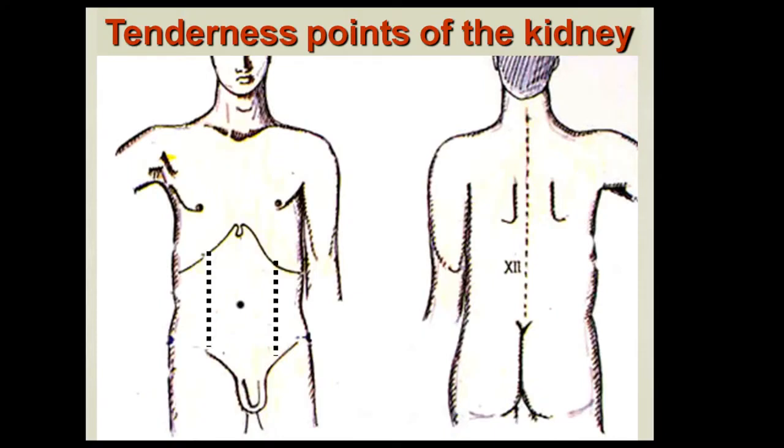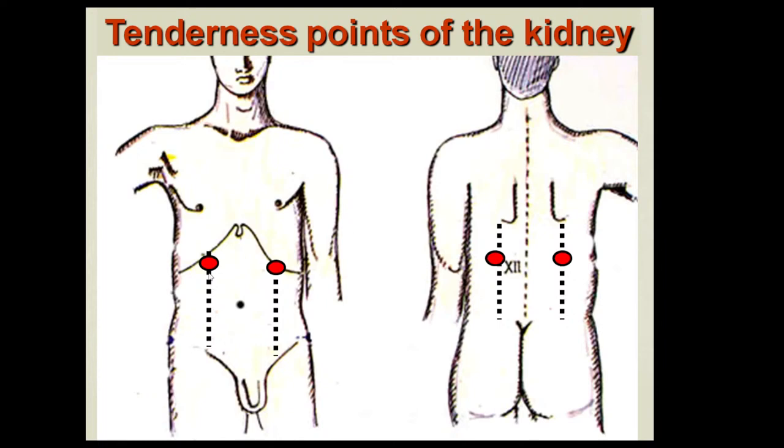Kidney points are localized along the external edge of the abdominal rectus muscles, on the level of the 12th rib. We palpate the right and left sides separately, in front and then at the back, also at the level of the 12th rib, but along the external edge of musculus latissimus dorsi.